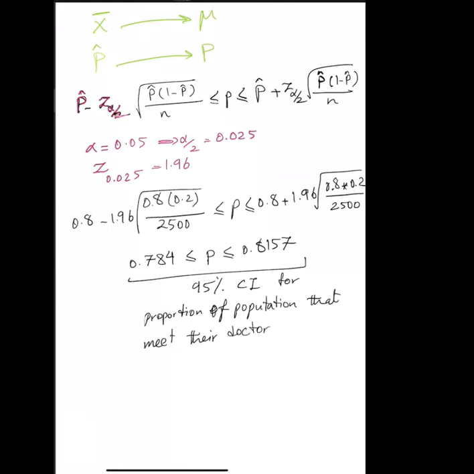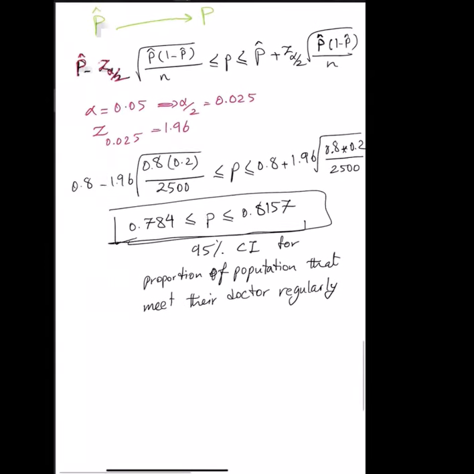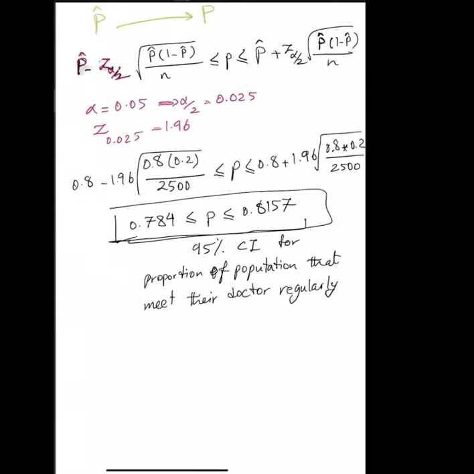What does that mean? Can you say this to me in just a sentence instead of just saying the confidence interval is this? Can you say it in one sentence? You are 95% confident that the proportion of the people is in between these two numbers.